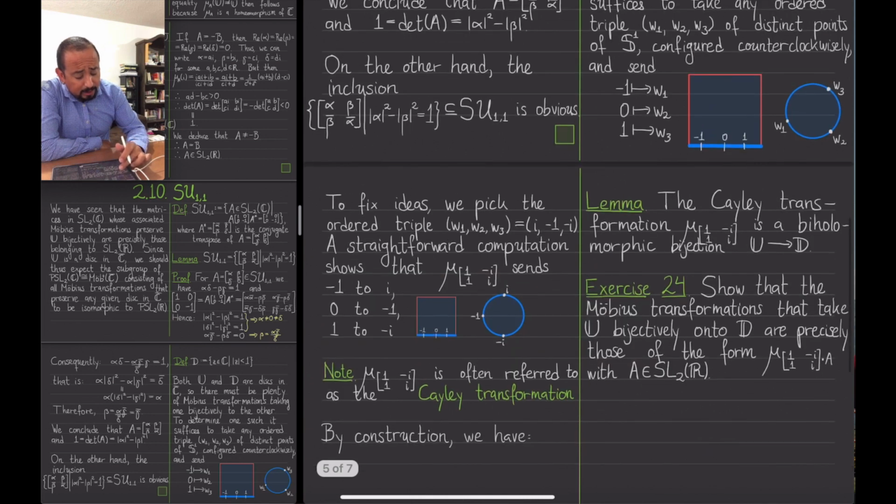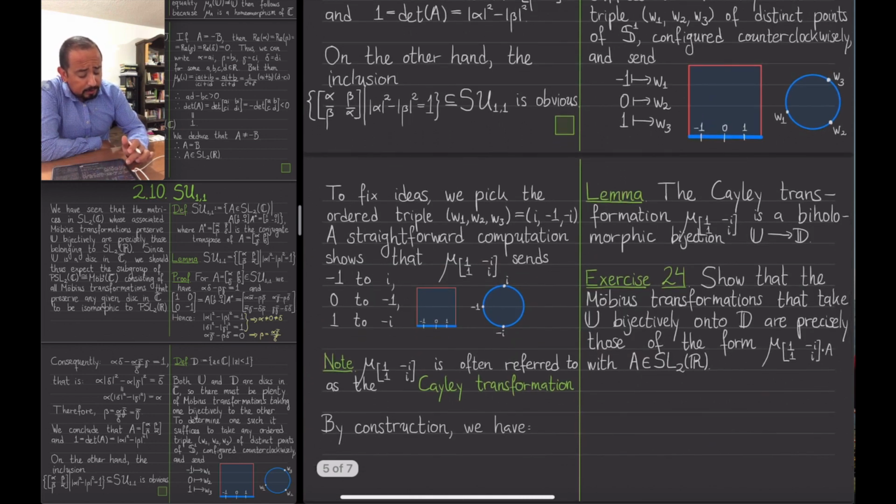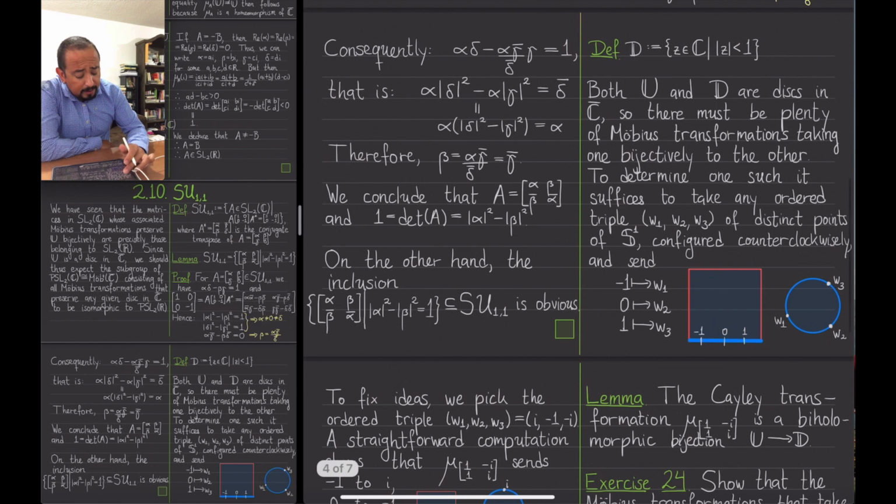An exercise: what if one takes other points, to determine all Möbius transformations that send U bijectively onto D? One can always fix these 3 points, and it's enough to let these 3 points vary, always following the counterclockwise sense, because here it's followed this way.